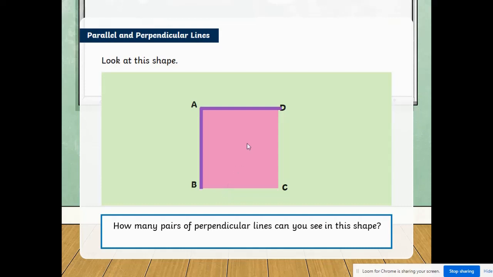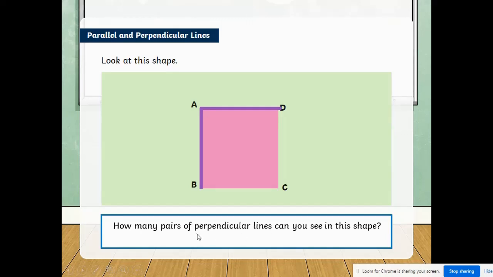Now you must be wondering, we have already spoken about this line and this line as one pair, but this line is also there in the other pair of perpendicular lines. The trick is to see how many right angles are there inside the shape. How many are there? One right angle, two, three, and four right angles.